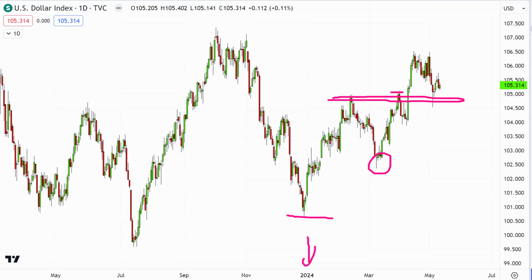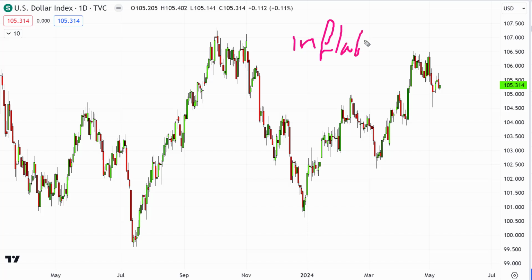But it's something to look out for. If we carried on seeing some weaker jobs numbers, then we could see the dollar start to break that trend. Now, the caveat to that is that we have inflation, and just coming up next week, we've got CPI, the big one, the consumer price inflation.